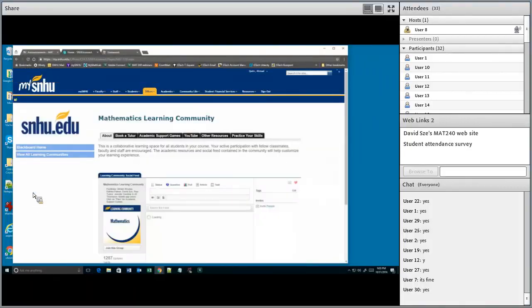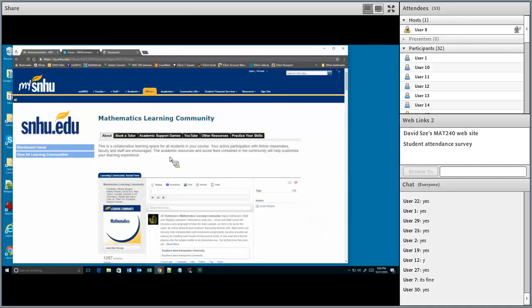Okay, and then you're gonna be in this mathematics learning community. This is a community which was recently started, and this is where you can actually get instant help for your questions on the homework assignment, or anything related to Math 240.